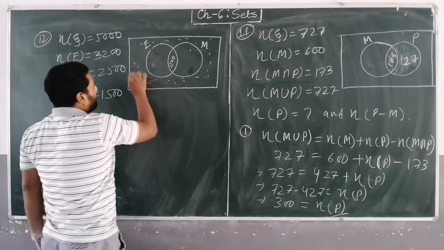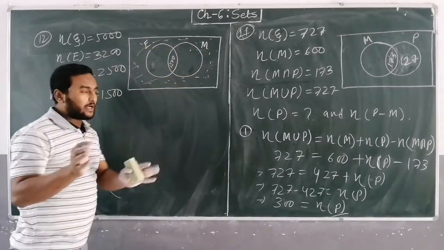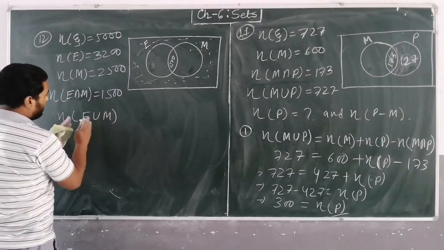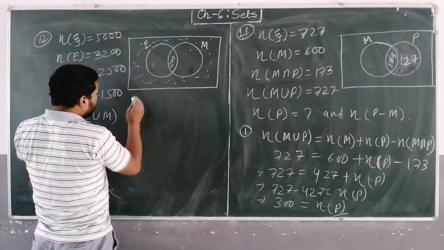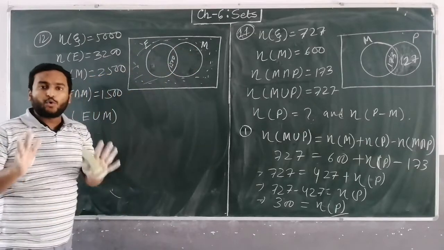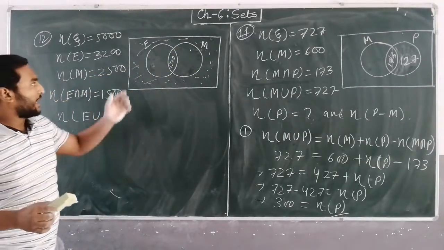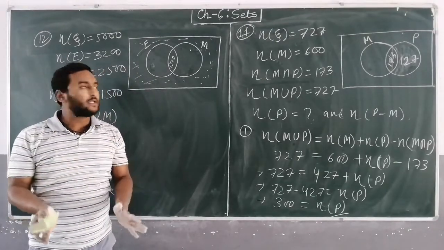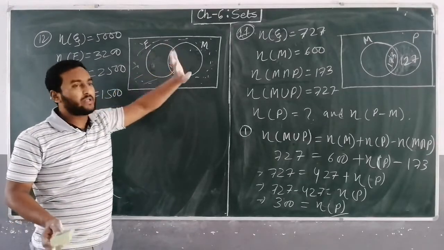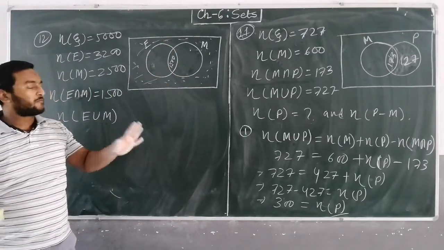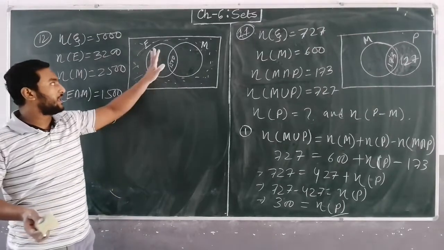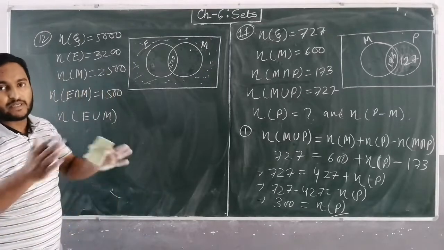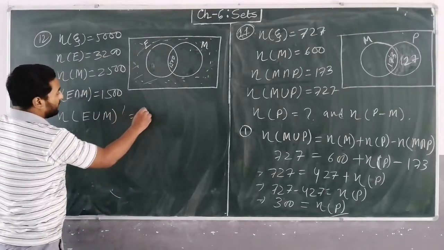Mainly you have to find cardinality of E union M. Egg union meat means the total number of people who eat egg or meat or both, so they are non-vegetarian. If you take its complement, then you get the vegetarian, that is outside that.